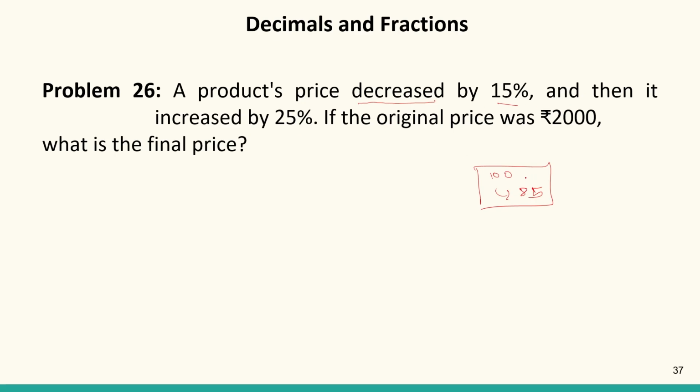If this is increased by 25%, then it will become 110, the new price if 25% is increased here. So if the original price was 2000, what is the final price?